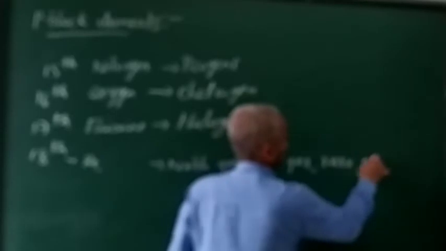Then 18 is of helium, neon, etc., which is called noble gas, also known as inert gas or rare gas.